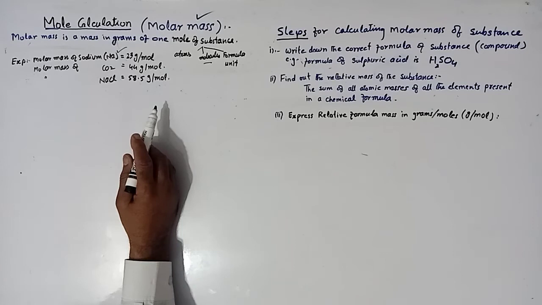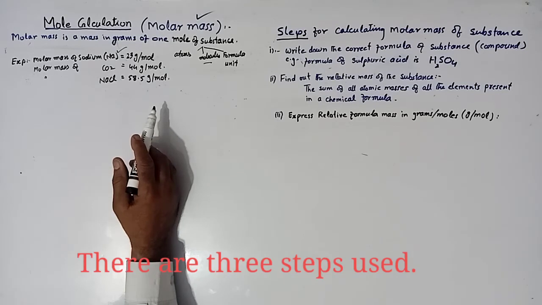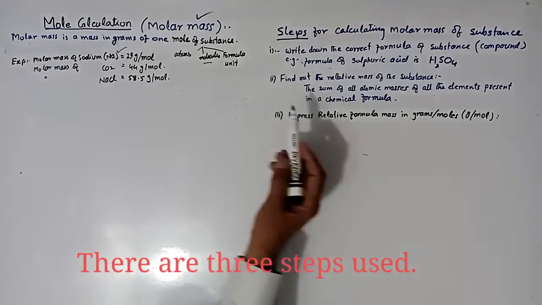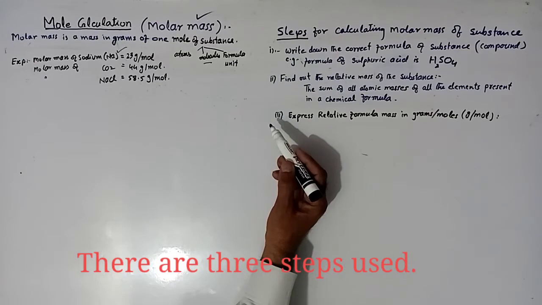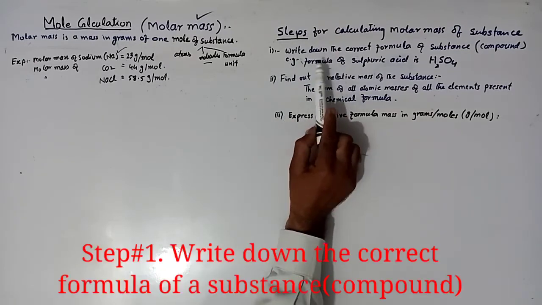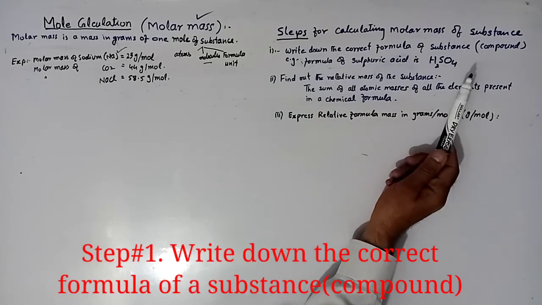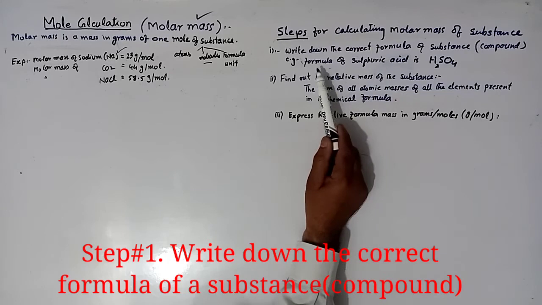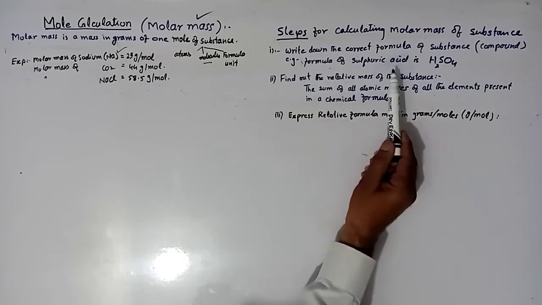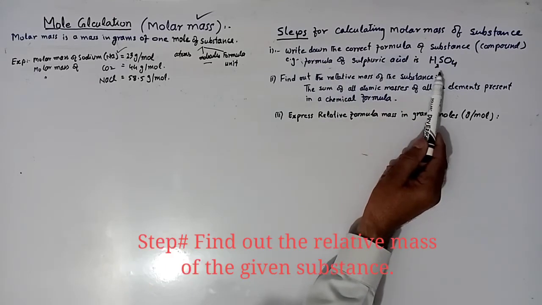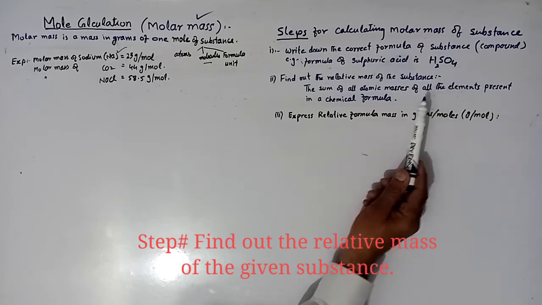For such type of calculation, there are basically three steps used. The first step is to write down the correct formula of the substance. You may say compound. For example, the formula of sulfuric acid is H2SO4.